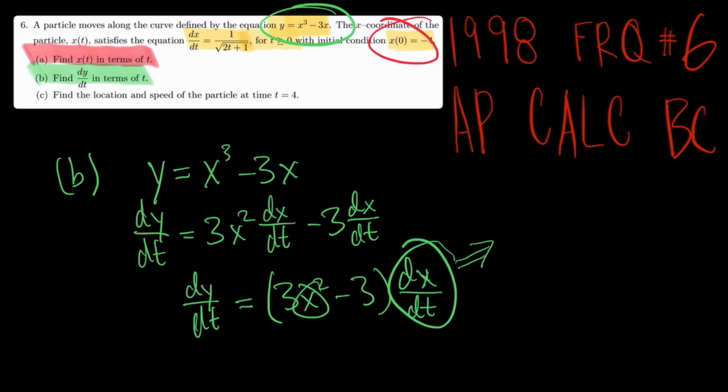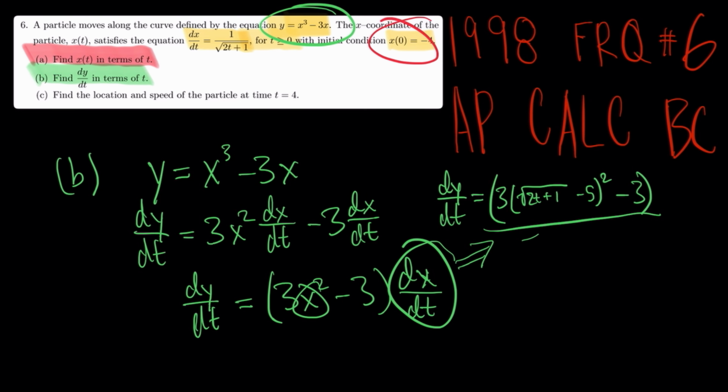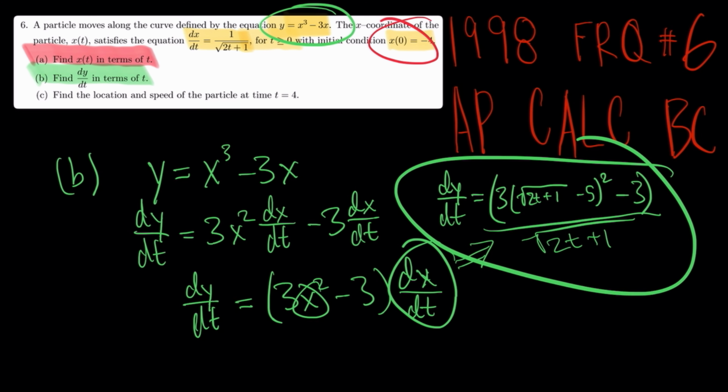So using that information, I'll move it up here, and we will have dy/dt equals 3 times (the square root of 2t plus 1 minus 5) squared minus 3, and then times dx/dt, which is 1 divided by the square root of 2t plus 1. And this is our final answer for part B.